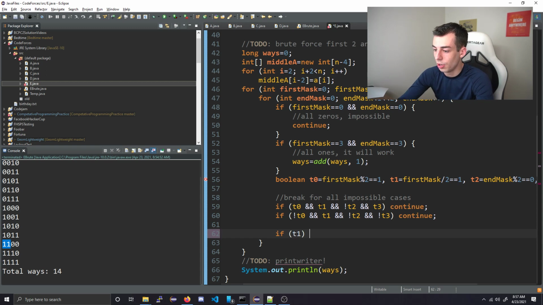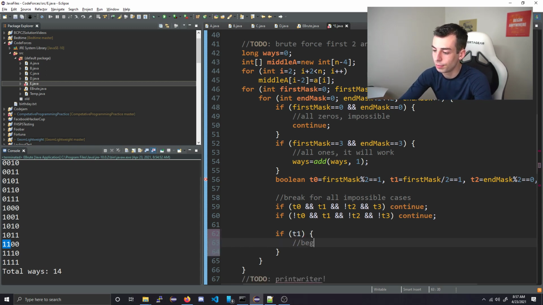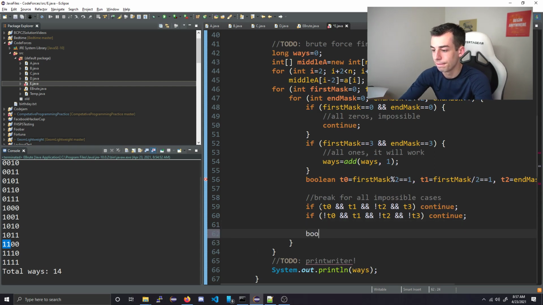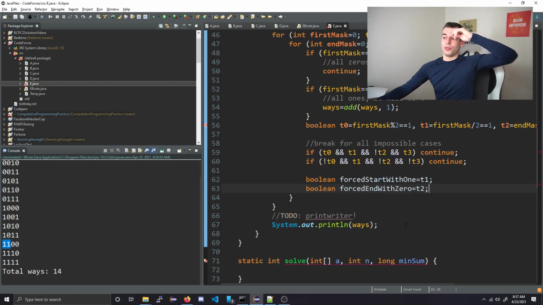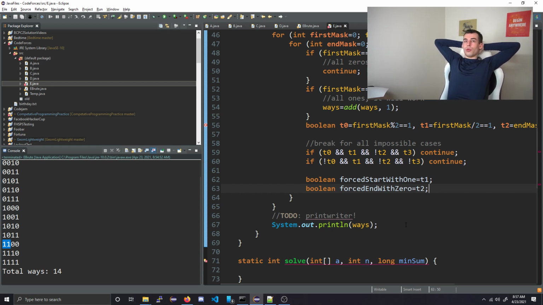So if T1, then... Alright, so we might be forced to start with a 1 or forced to end with a 0. This is kind of gross.